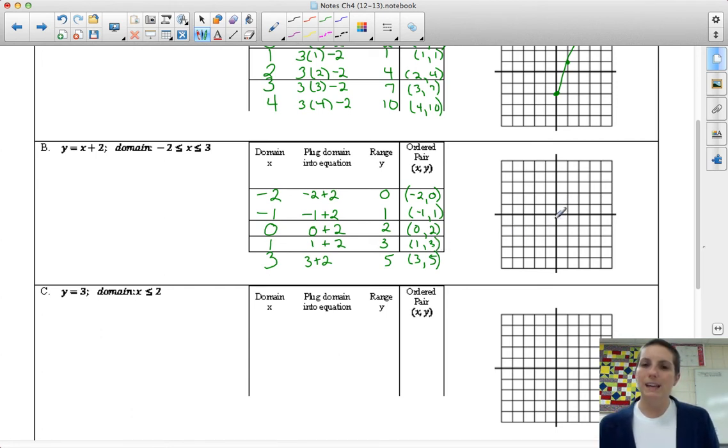Okay, we said that our starting point was at -2, 0, and our ending point is at 3, 5. I'm going to put in my other points, -1, 1, 0, 2, 1, 3, and maybe you put it on your table, so I'll put it on my graph, and 2, 4.